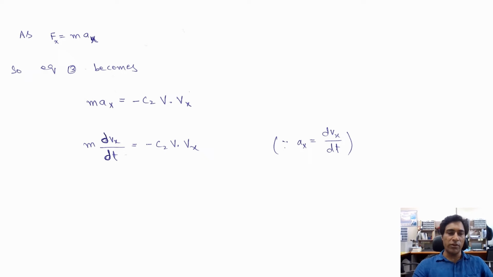So m dvx over dt is equal to minus c2 v vx. As mentioned in the previous slide, v is equal to ds over dt, so m dvx over dt is equal to minus c2 ds over dt times vx. So this ds over dt is actually v.